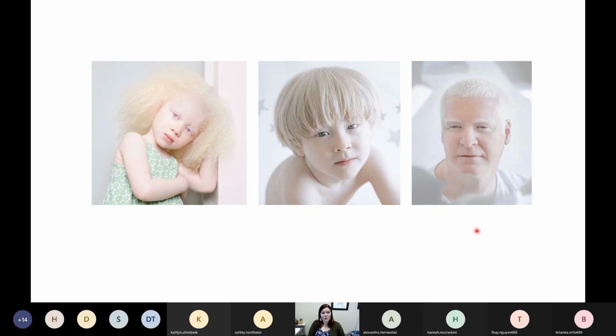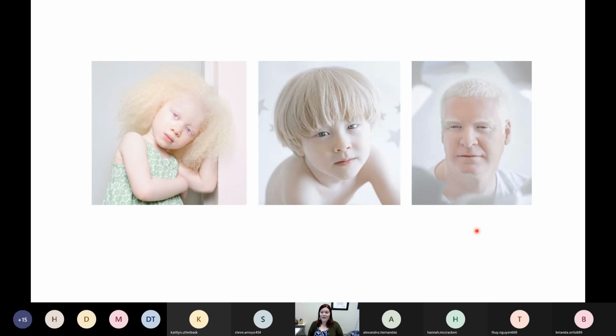Yeah, so Amush mentioned in the chat correctly, remember that melanin is supposed to be your umbrella. It's supposed to be what protects us from the sun's UV radiation. So absolutely, like Dusty mentioned, you get sunburned really easily. And even more than just getting sunburned, individuals with albinism are at a much greater risk of developing skin cancer.